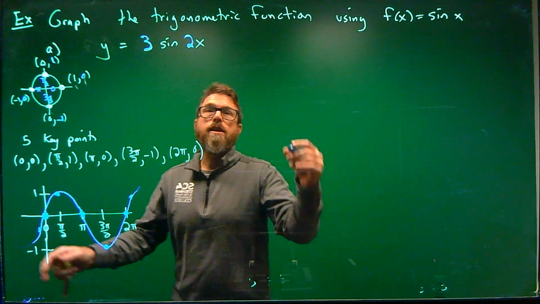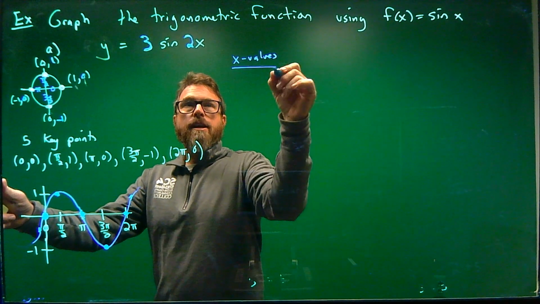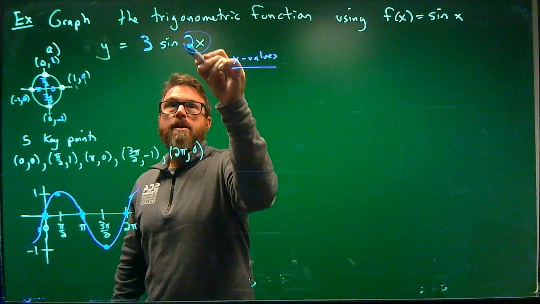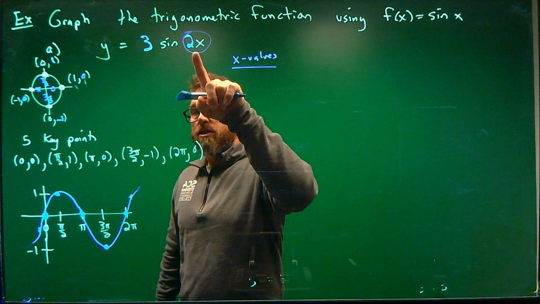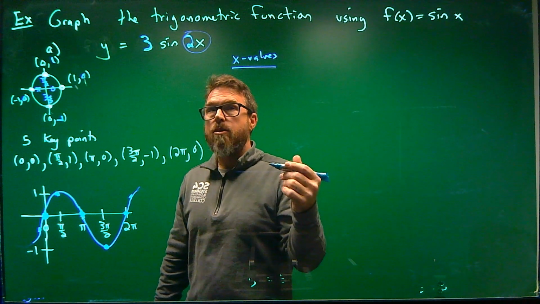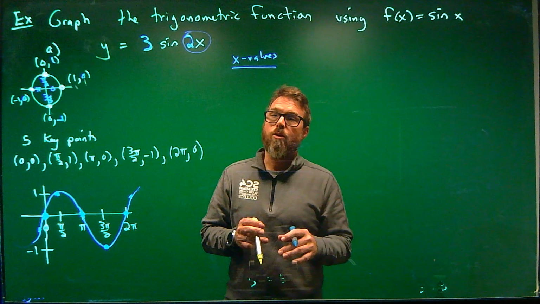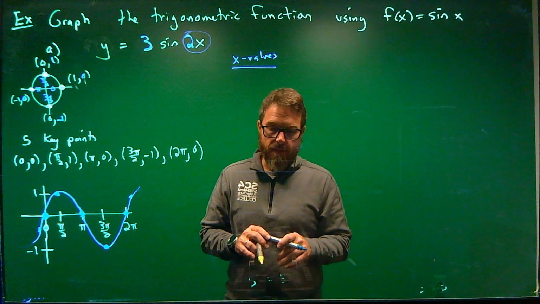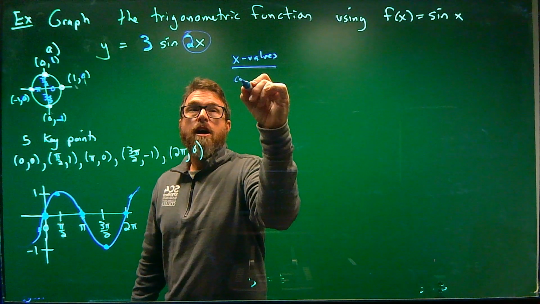So let's take a look at the x values. Well, the x values are handled by what manipulates x, which happens to be that 2 part. So in order to solve for x, you're going to have to divide by 2. Remember, x's are handled through solving, and then y's are handled through evaluation. So we solve for x, so dividing by 2 means that this is a compression of 2.